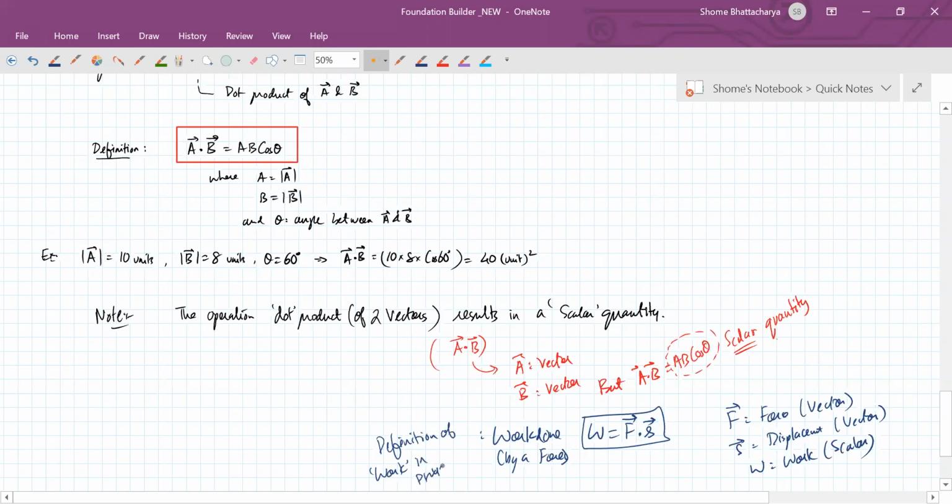In everyday language, work might mean something else, but in terms of physics, the quantity work done, it is in context of work done by a force through a displacement s, and technically it is defined in this way.